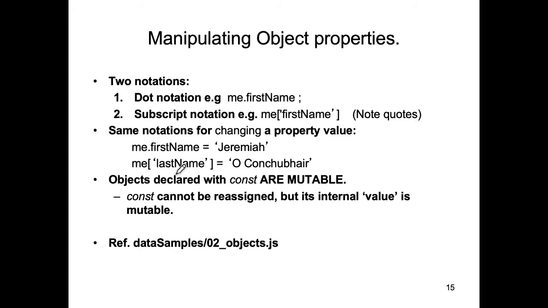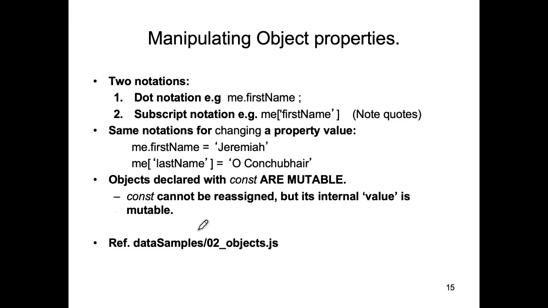What you cannot do is assign a completely new object to a const variable. That catches people initially, and admittedly it caught me out initially, but there you are. So you can change the individual key value pairs within a const variable, but you cannot reassign a completely new object to a const variable.